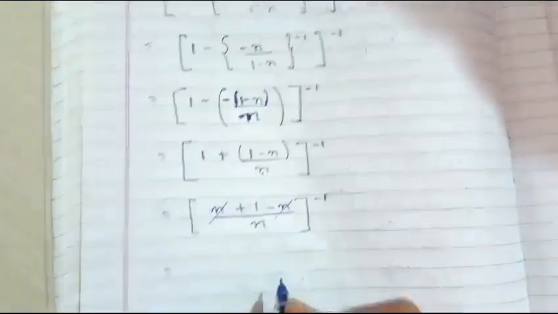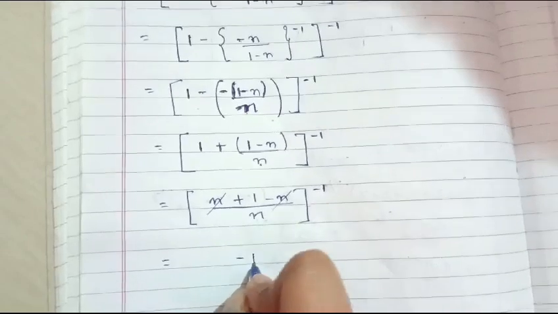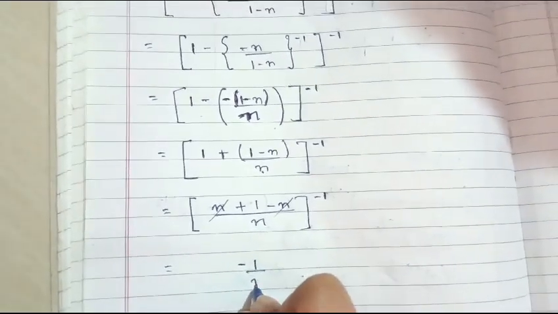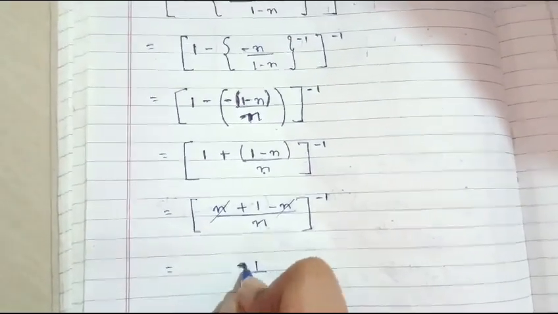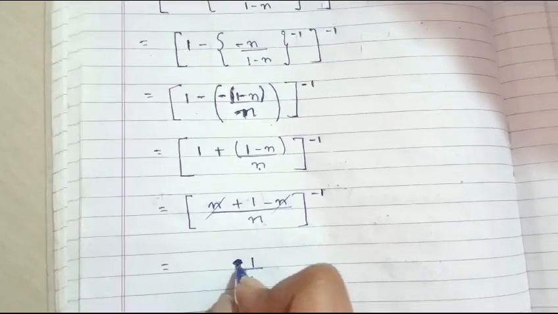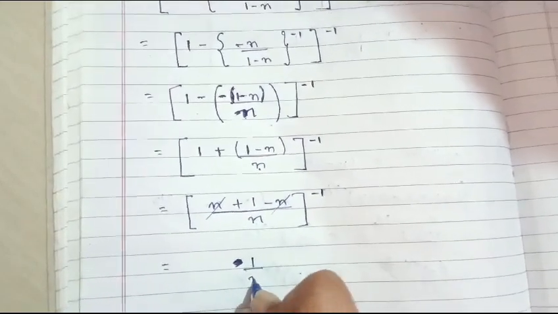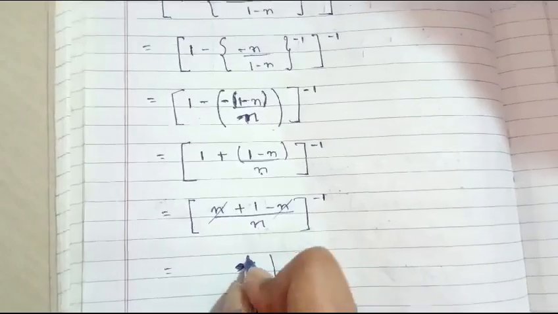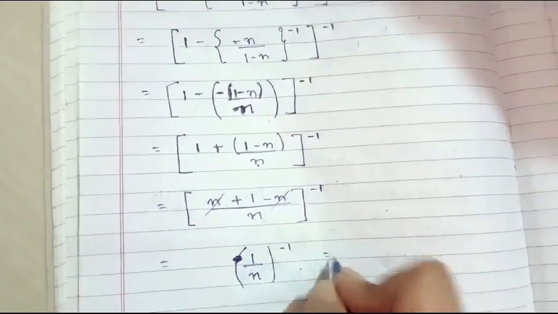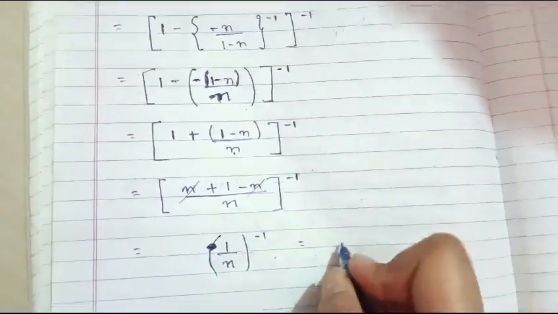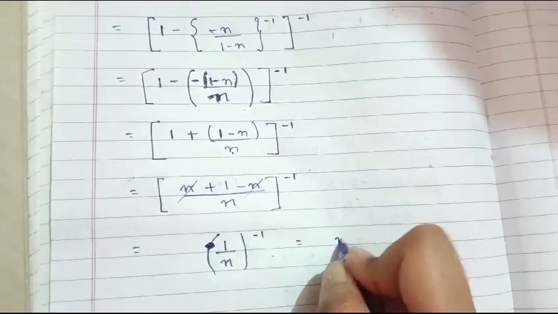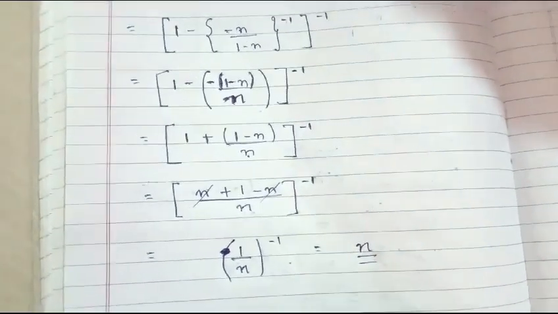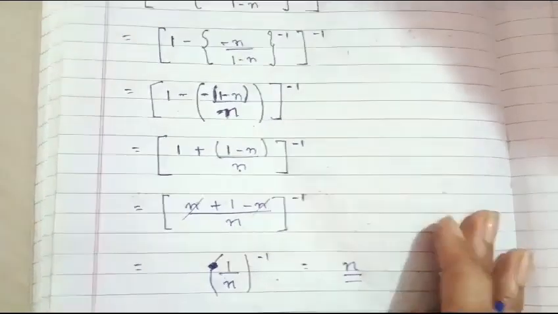This n and this n will be cancelled, left with 1 by n. Sorry, there's no negative sign, okay. You are left with 1 by n and this whole thing is raised to the power minus 1. So take the reciprocal, you are going to get the value as n. So the final answer is n for this question. I hope you have understood.